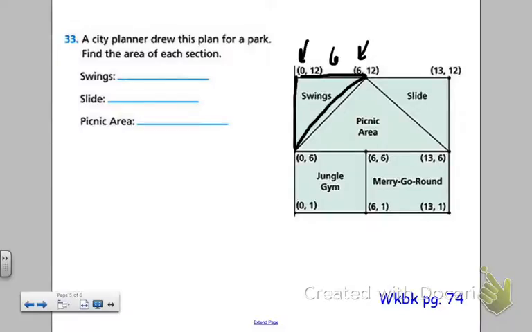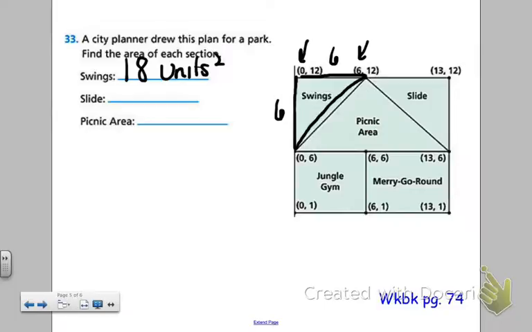The height is a vertical line, which means I can subtract the y coordinates. I'm going to do 12 minus 6, which means I'm going to have 6. And now I have what I need to find the area. Base times height, or 6 times 6, which is 36, and cut that in half. Okay, and that will be 18, we'll just say 18 units squared. I don't really know what the units are here.